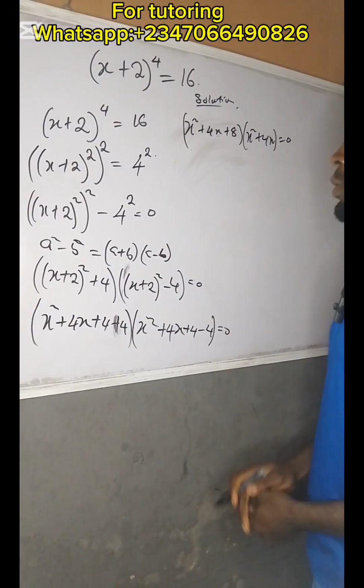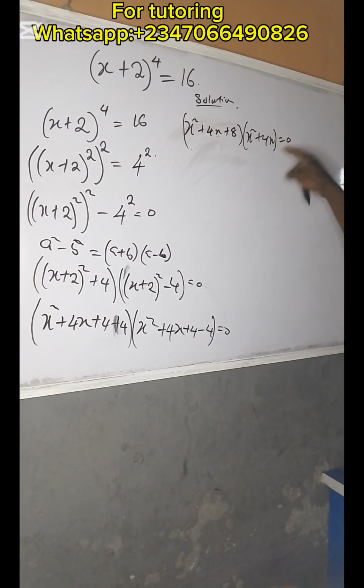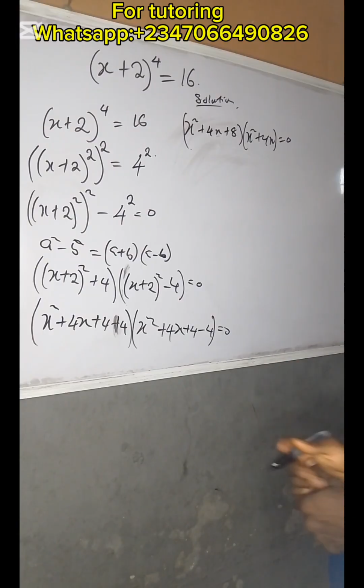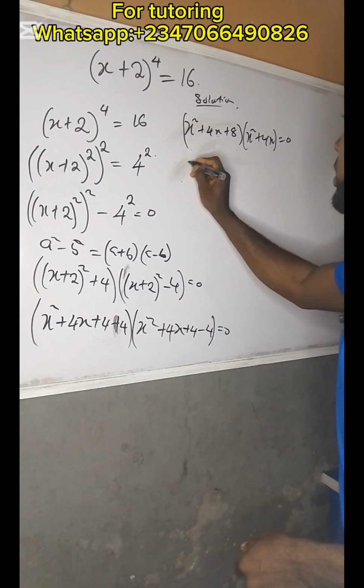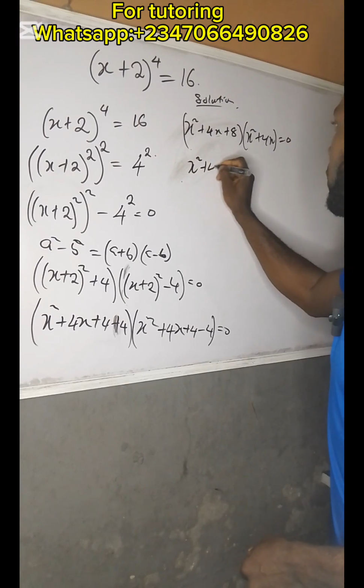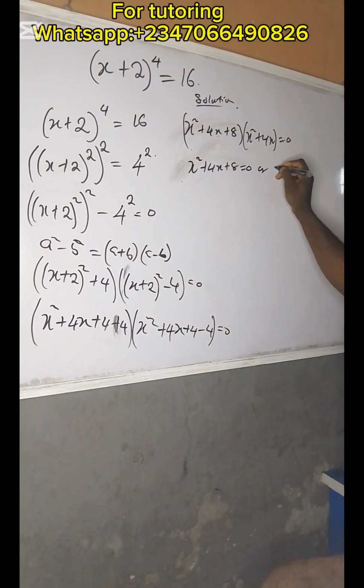All equals to 0. From here, either this bracket equals 0 or the other bracket equals 0. So we have x squared plus 4x plus 8 equals 0, or x squared plus 4x equals 0.